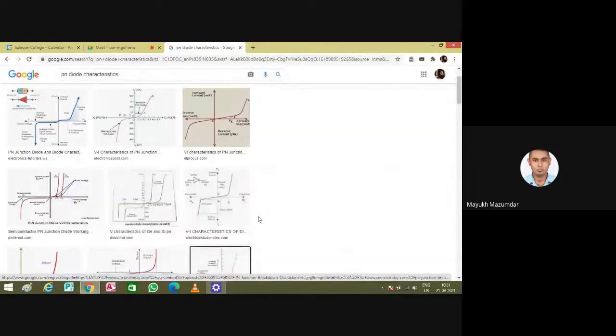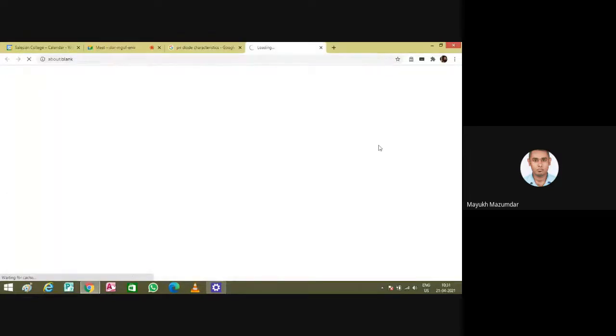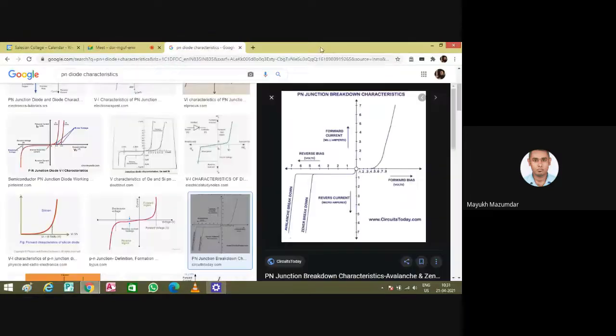It is very obvious. What students do is make one graph for forward bias and a separate graph for reverse bias. Don't do that. In the same graph, you have to plot both forward and reverse bias. Are you getting my point? Suppose you plot one thing in one graph and the other separately in another graph.